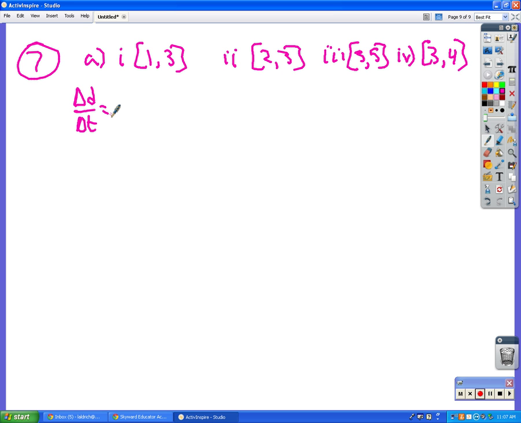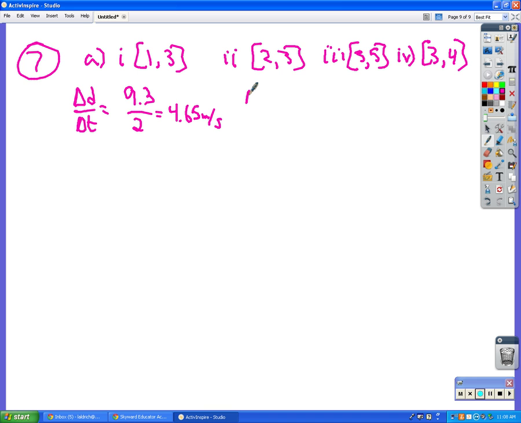So how much did their location change? What's 10.7 minus 1.4? 9.3, good. And how long did it take them to travel that distance? 2, so that means their average velocity over that time period is 4.65 meters per second, okay?